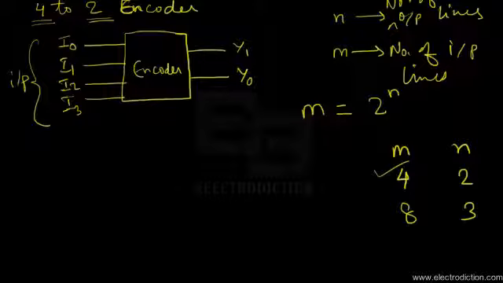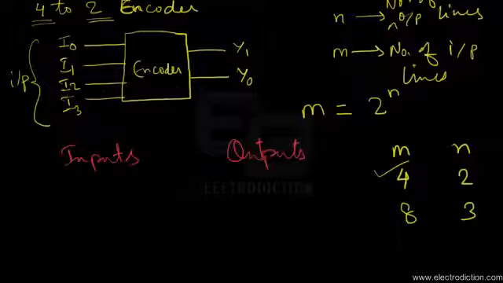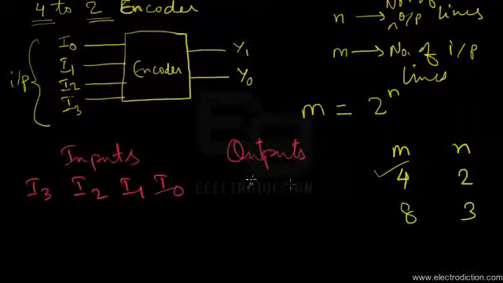In order to do that, I will need to draw a truth table. Here's our truth table. On the left we have the inputs, and on the right the outputs. In the input part, this is I3, I2, I1, and I0, and at the outputs we have Y1 and Y0.